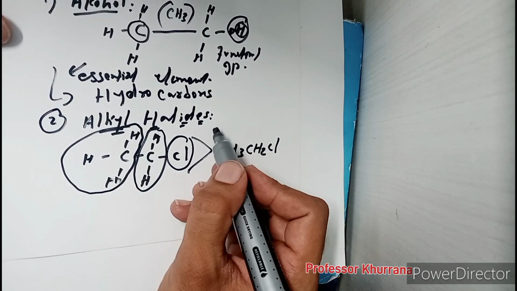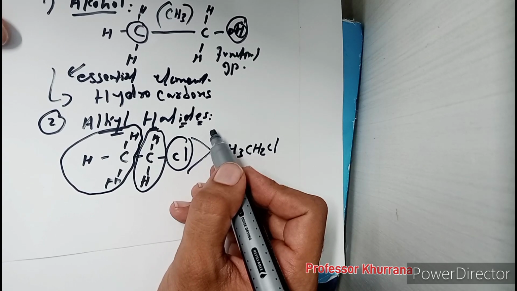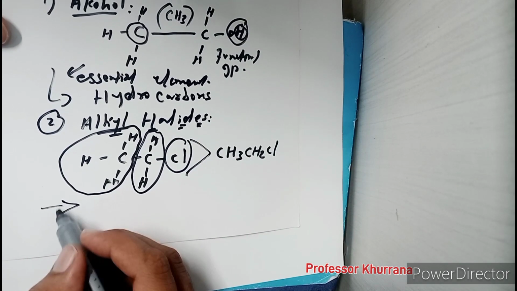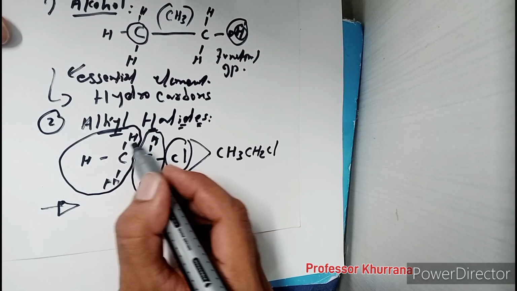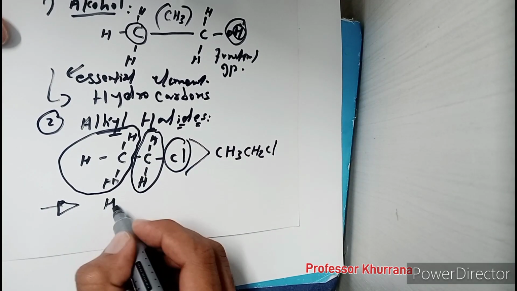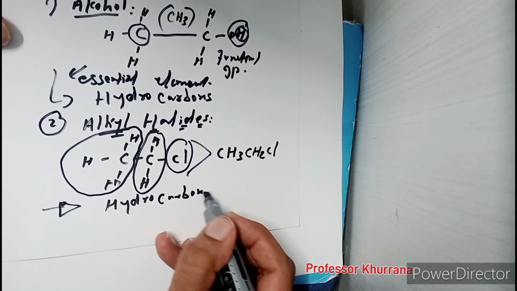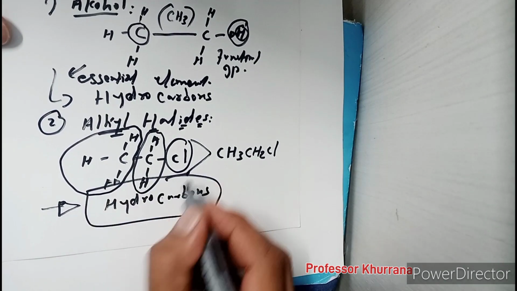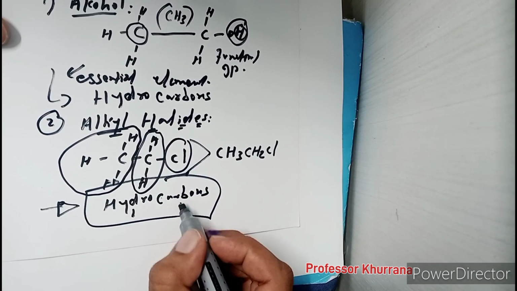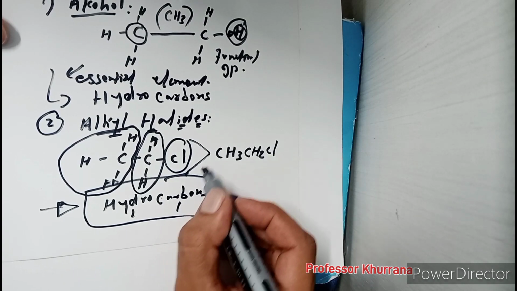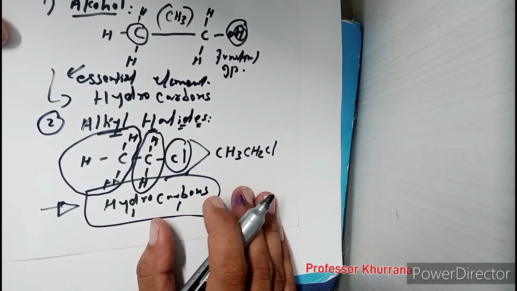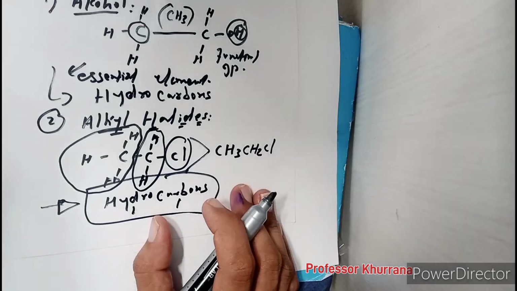So what is the formula of alkyl halides? It means that alkyl halides are also hydrocarbons, meaning that hydrogen and carbon are essential elements in the alkyl halides.